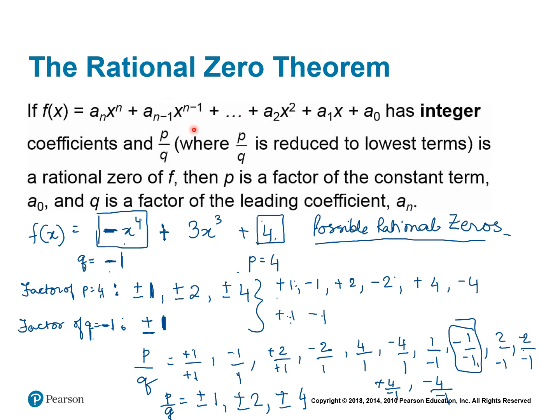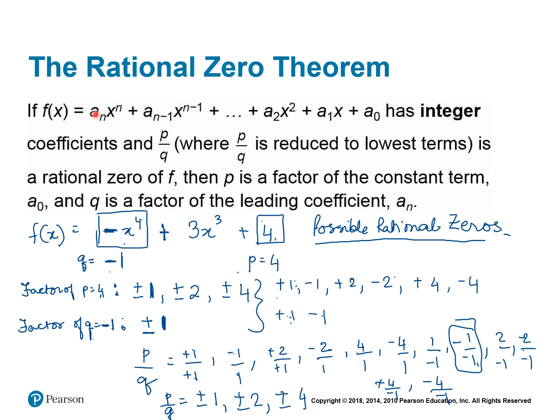All right. Now what this theorem says is, in order to find your rational zeros, look at the last coefficient of your ordered polynomial and look at the first coefficient, that is the leading coefficient of your polynomial.